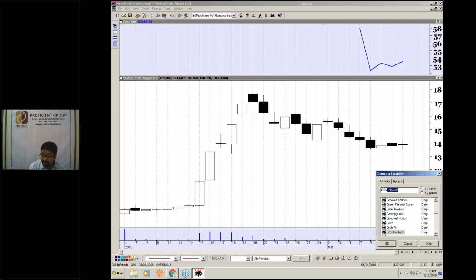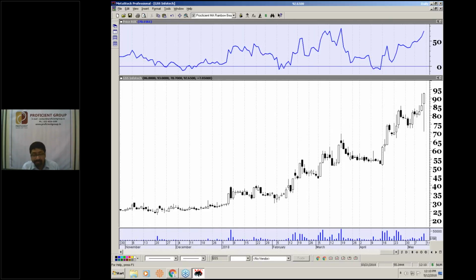And another stock I want to show you is GSS Infotech, right? So I have collected all these stocks across all the sectors, and I have given you large cap stocks, and these are the mid cap stocks. As you can see, there was a lot of volatility yesterday in this stock, but the long-term uptrend remains intact.